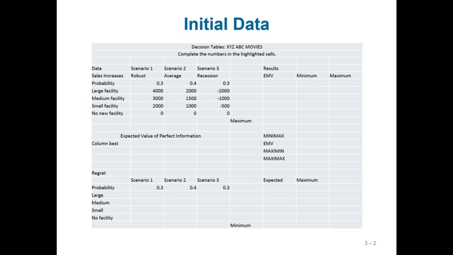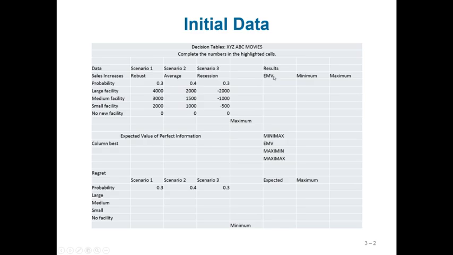What we will be taking a look at is how you would calculate the different blocks of information that you need in making your decisions. We'll be looking at the expected value of perfect information: what would be the maximum you'd be willing to pay for something?